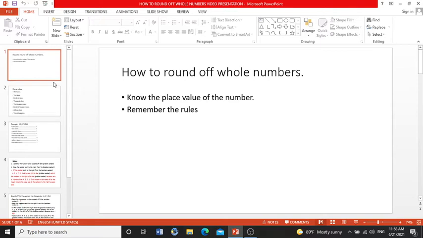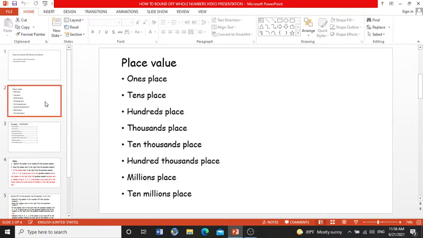So to continue, what is place value? I think you've already learned this when you were in grade 3, 4, 5. So again, this is just a review, because this is a bigger number. First, I want you to remember this and try to say this at home: one's place.